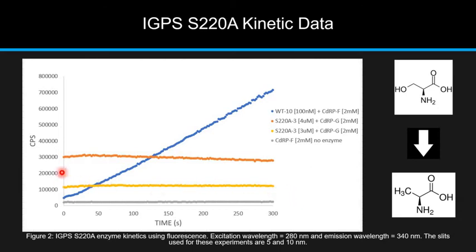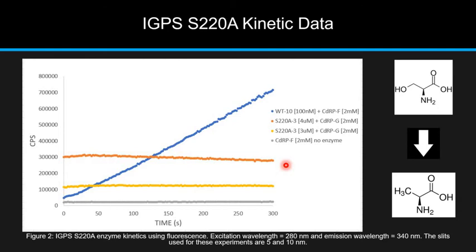Here we see two kinetic runs for the mutant S220A at different concentrations. When the mutated enzyme is added to the reaction, there is no significant positive slope in either run. This is a trend that is seen when various enzyme and substrate batches are measured.